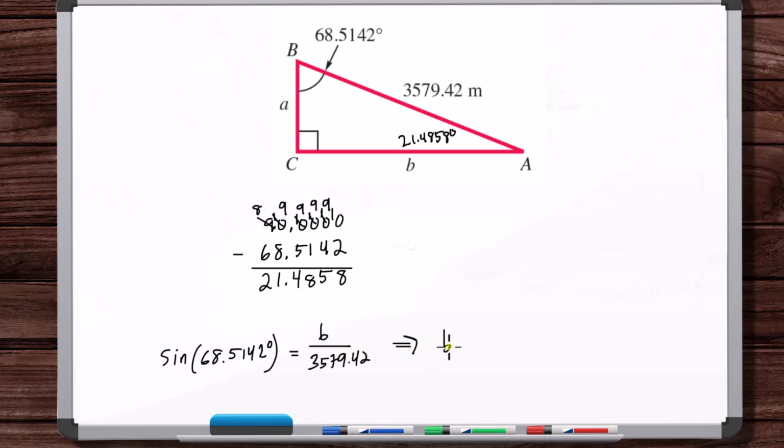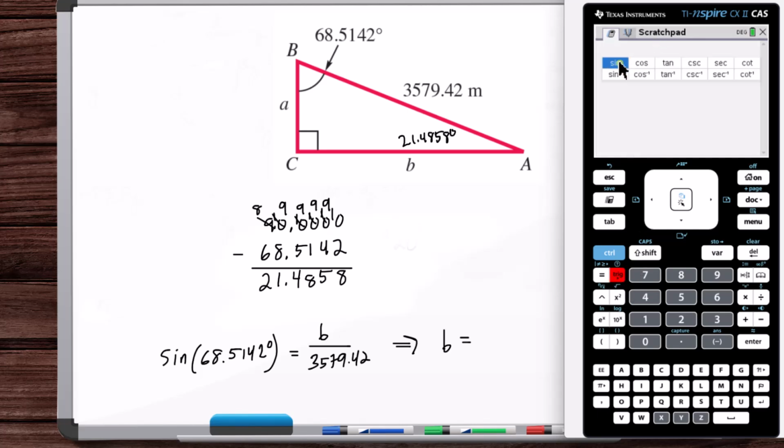So B is equal to sine of 68.5142 times 3579.42. 3330.68.